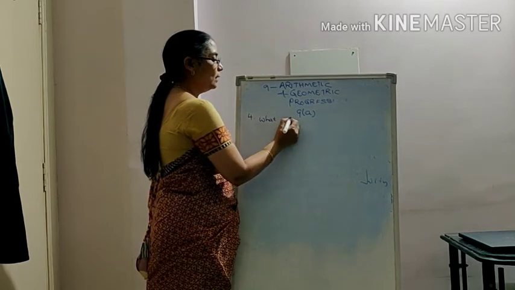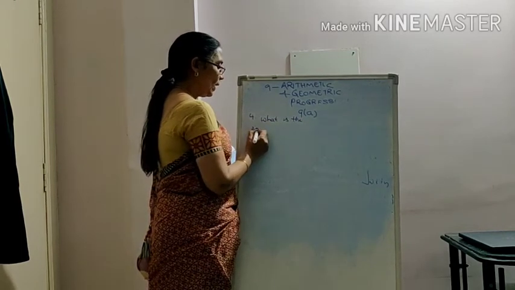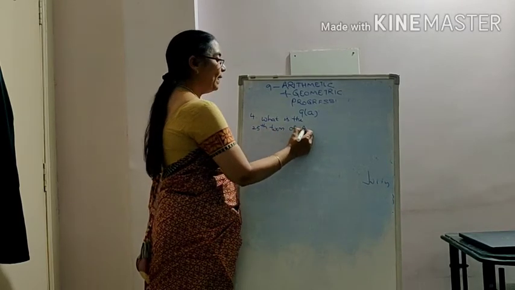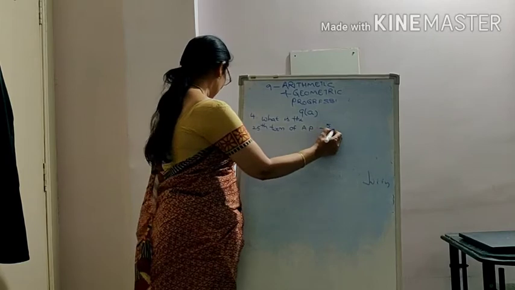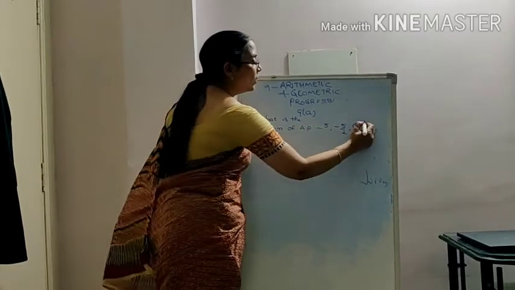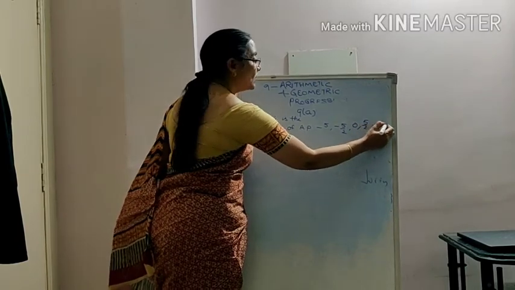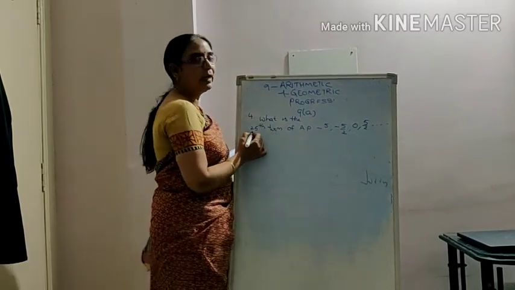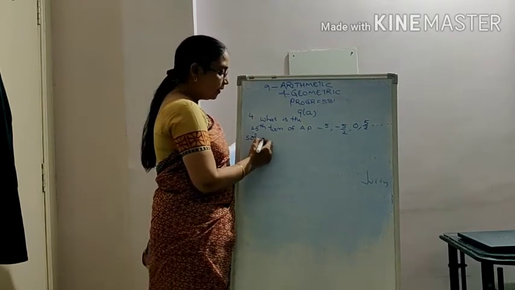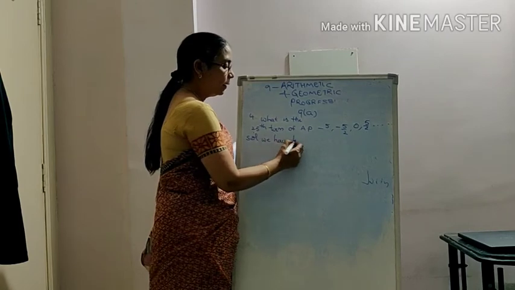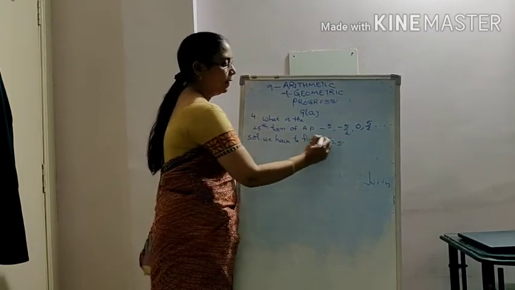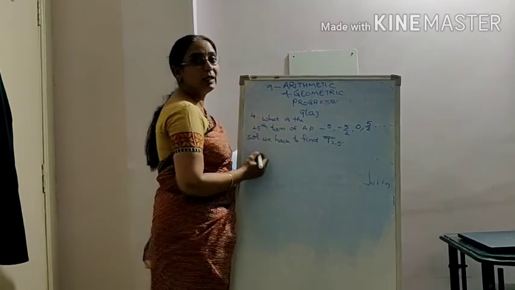What is the 25th term of the AP when the AP is minus 5, minus 5 by 2, 0, 5 by 2 and so on? We have to find the 25th term. 25th term means we have to find T25.